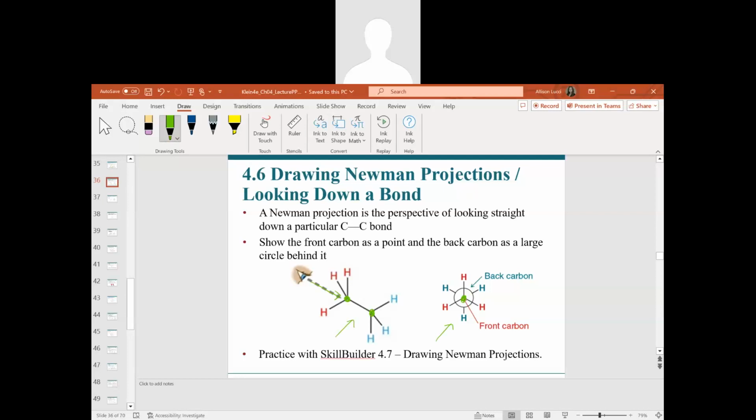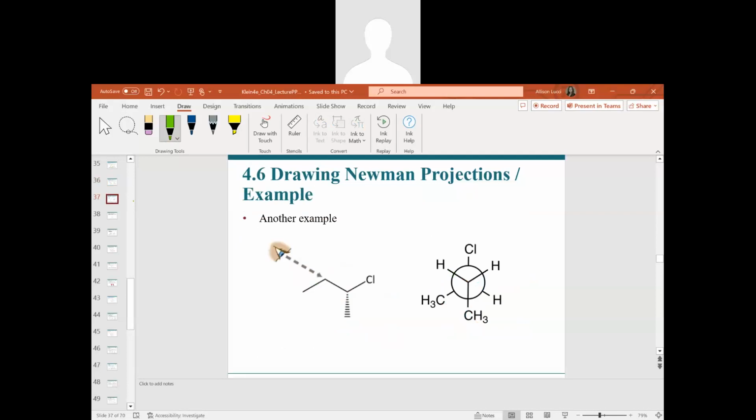All right, so as we're looking at that, looking down that carbon-carbon bond, this is what we would see, right? This Newman projection. And in this form, all of the hydrogens are staggered, or none are on top of one another. None are blocking one another. So that is one conformation where all these hydrogens are spread out as far as they can go.